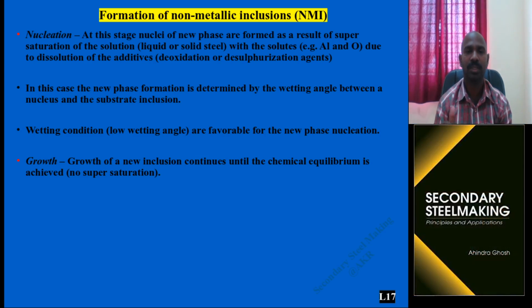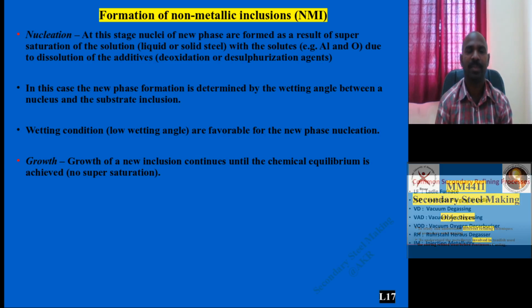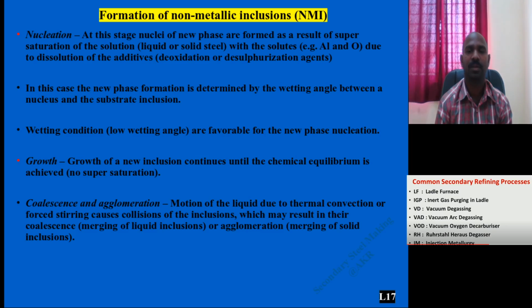But if it is a macro inclusion such as Al2O3, CaO and SiO, or carbides, nitrides and hydrides, it grows further and further and forms an entirely separate grain boundary. So that needs to be avoided and removed.